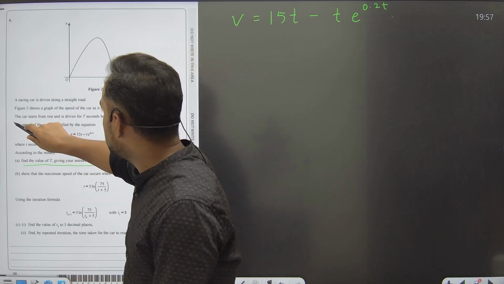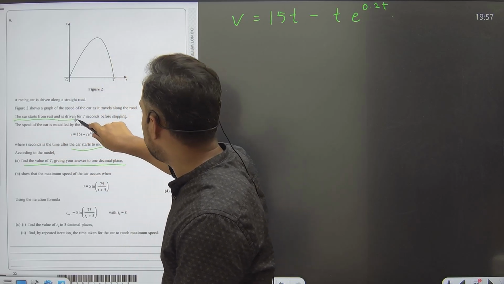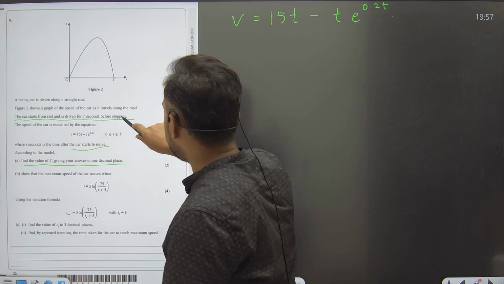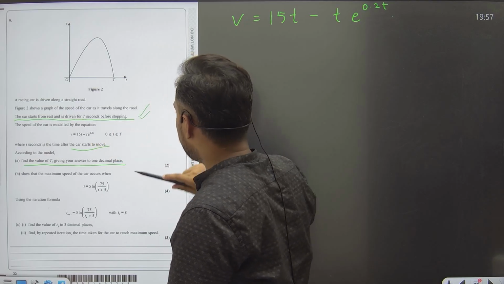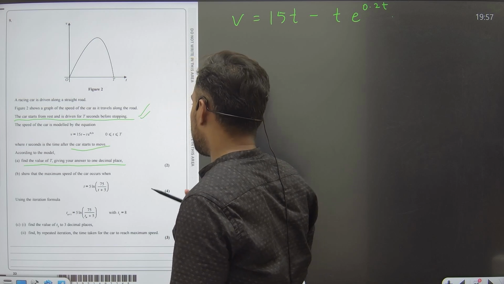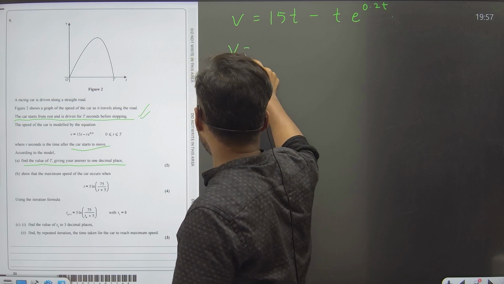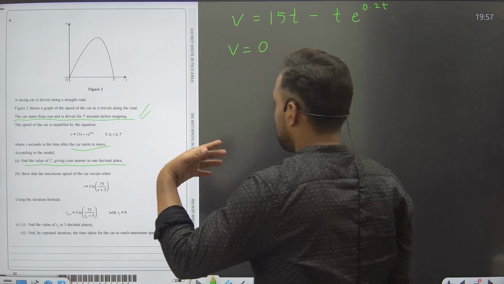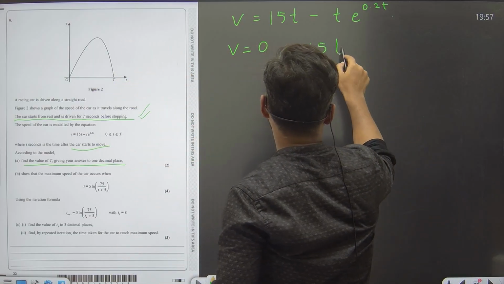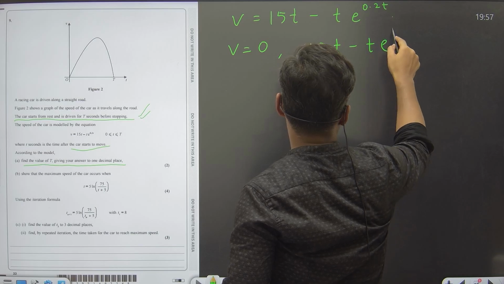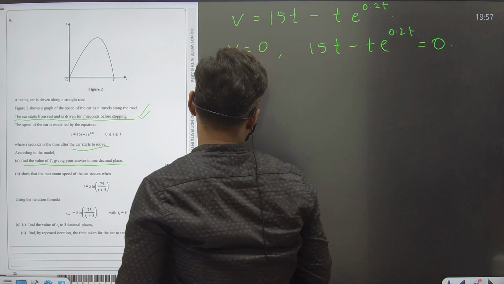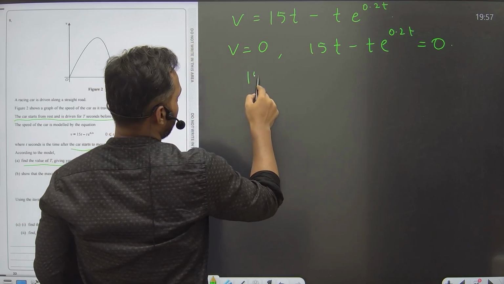Now in the third statement, student, it is written that the car starts from rest and is driven for t seconds before stopping. So before stopping it is driven for t seconds, so v will be equal to 0 after the car has stopped. So 15t minus t e raised to the power 0.2t will be equal to 0.